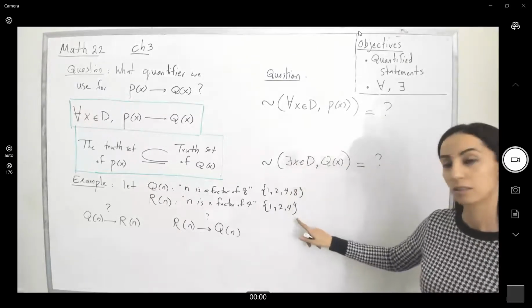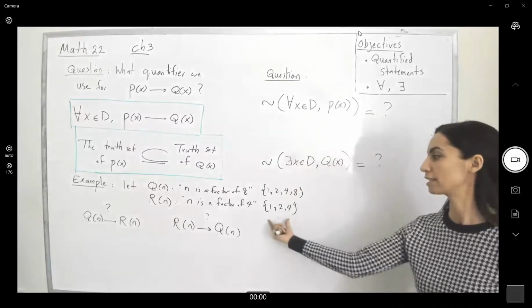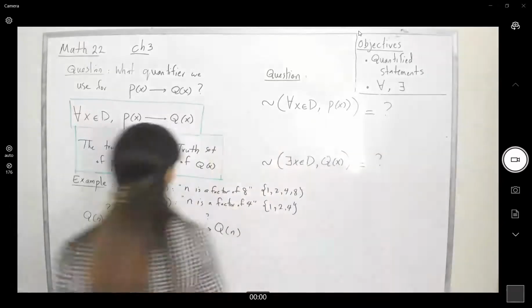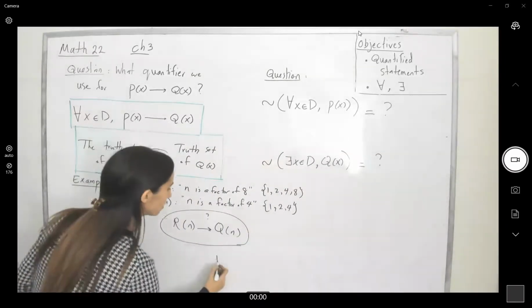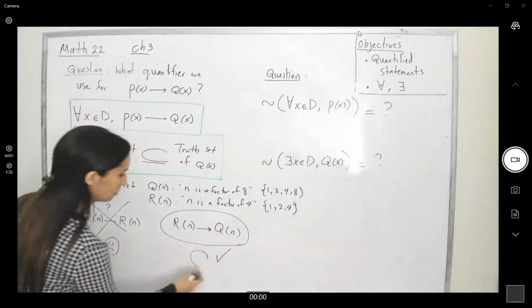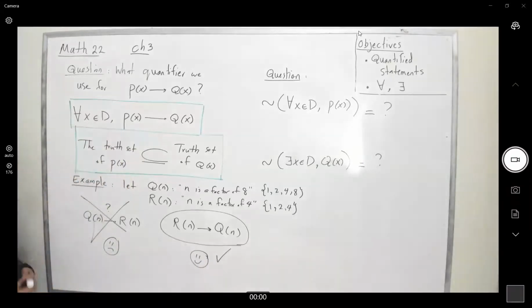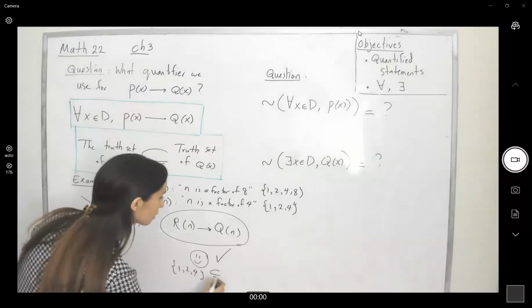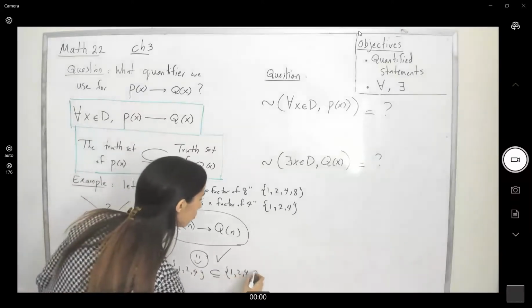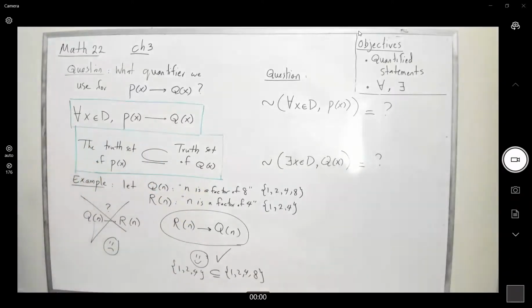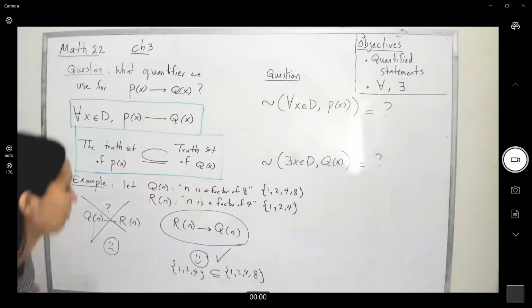As you can see, for predicate Rn, the set is smaller than the truth set for predicate Qn. So Rn implies Qn. 1, 2, 4 is a subset of 1, 2, 4, 8. Well, let us move on to the next part.